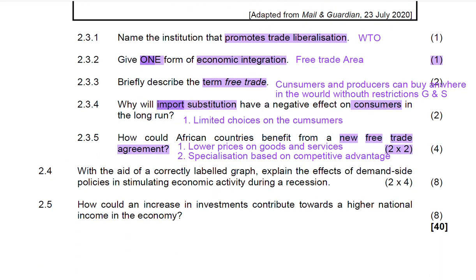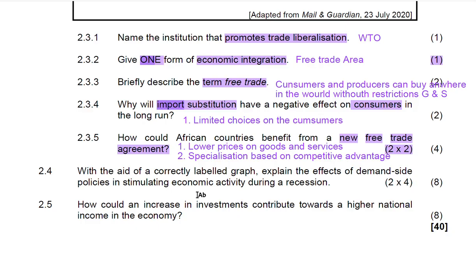Now we are looking at 2.4. In 2.4, you need to provide 4 statements, and each statement will warrant 2 marks. If you're looking at 2.4: with the aid of a correctly labeled graph, explain the effect of demand side policy in stimulating economic activity during recession.